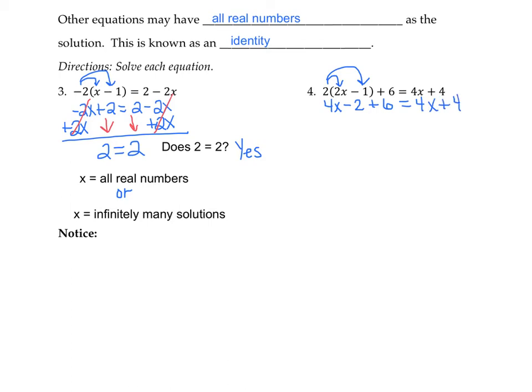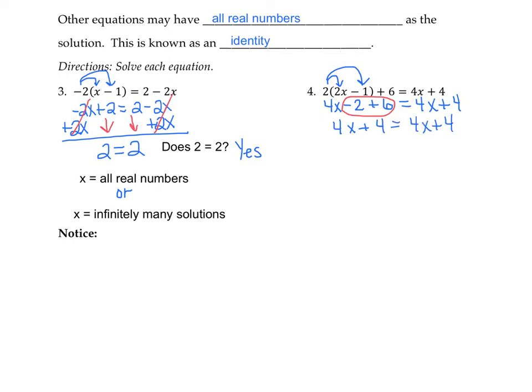Your next step, you want to combine your like terms before we start undoing the variables. So you combine negative 2 plus 6. Negative 2 plus 6 gives us positive 4. So you have 4x plus 4 equals 4x plus 4.